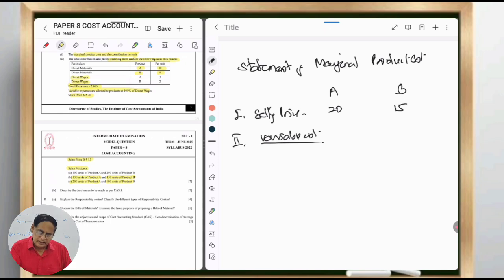Selling price minus variable cost is contribution, and contribution is required in the question. Variable cost means direct material, direct wages and variable expenses.